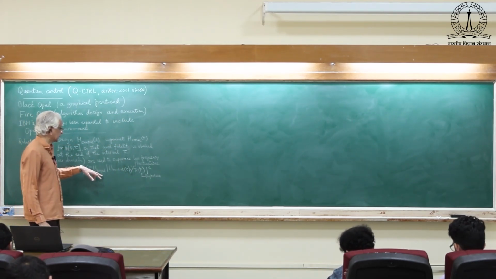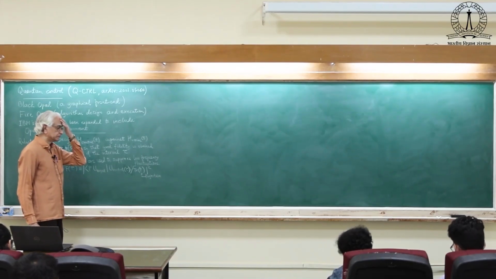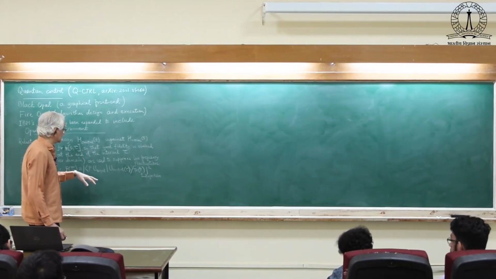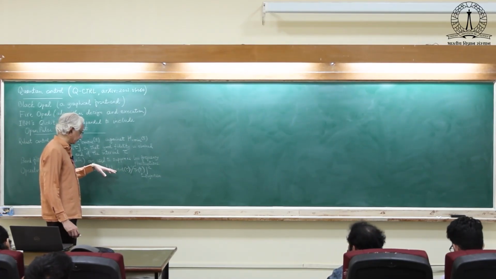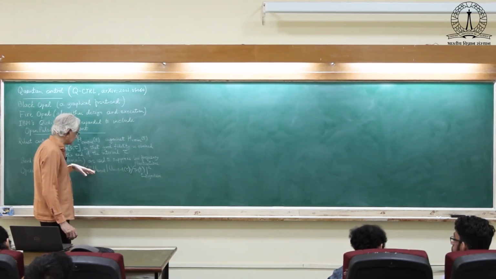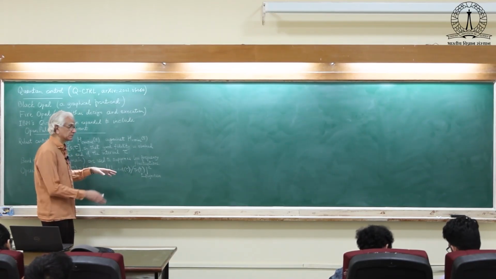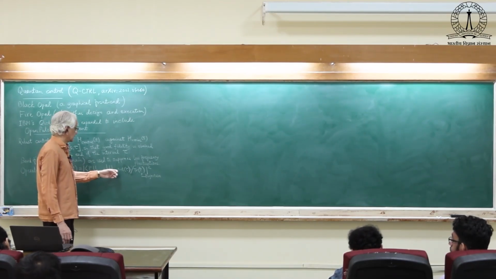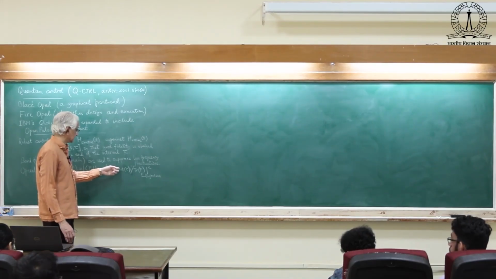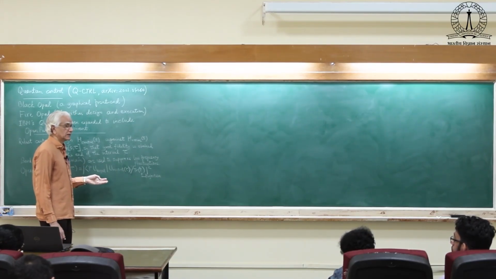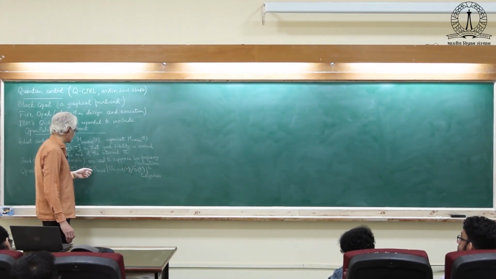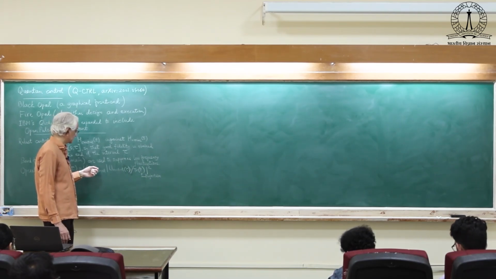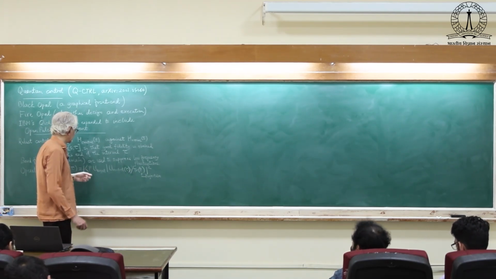There is some target operation which you want to implement. Now, your control pulse will be limited not in the complete Hilbert space, but only in a finite set of frequencies or finite domains of the Hilbert space. And so you are not going to reach exactly the target which you are defining, but you reach its projection.